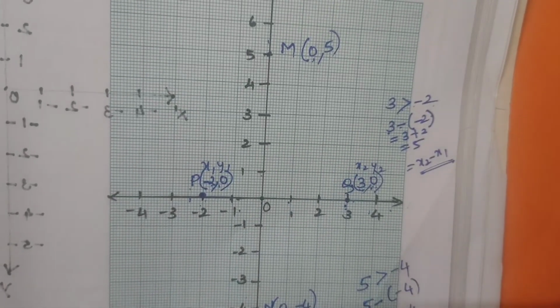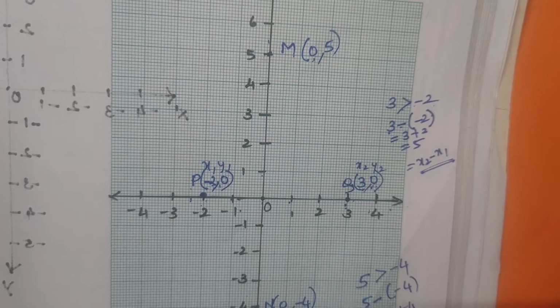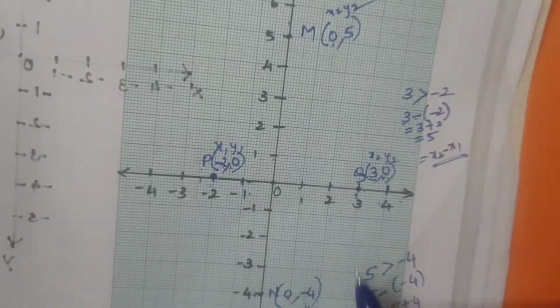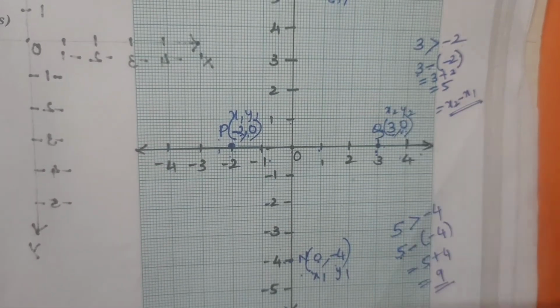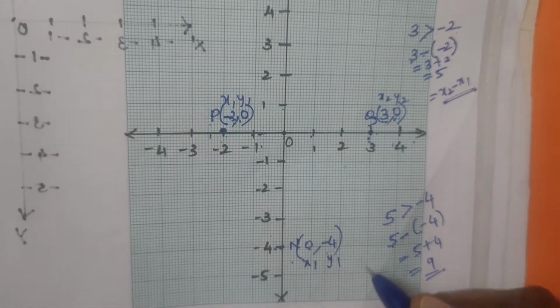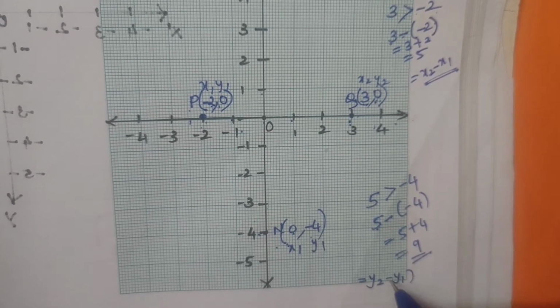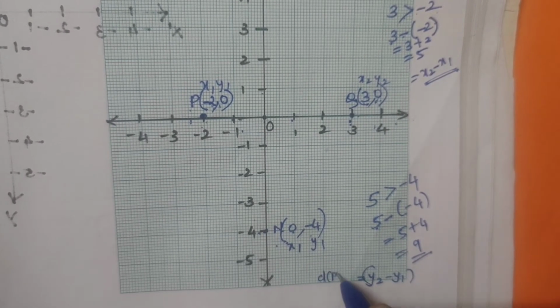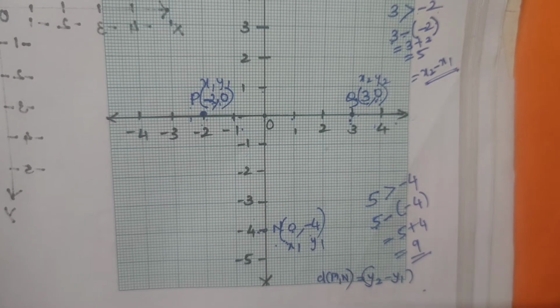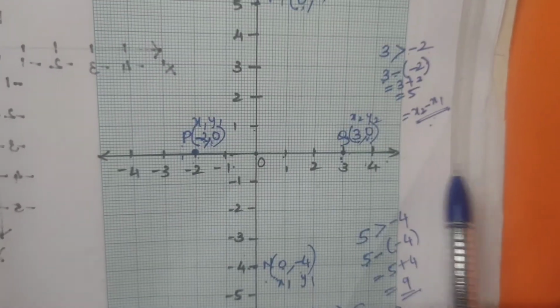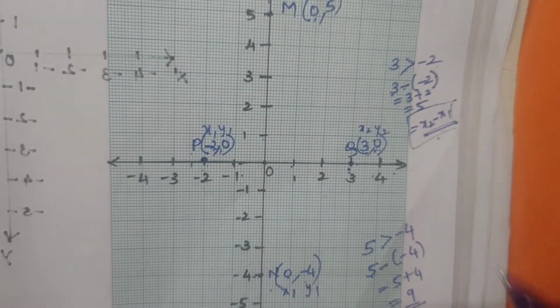Here we consider x1, y1, and here we consider x2, y2. Which is greater here? y2 is greater. So again the general formula derived here is y2 minus y1. The distance of MN is y2 minus y1. And for the distance of PQ, x2 minus x1 is the general formula.